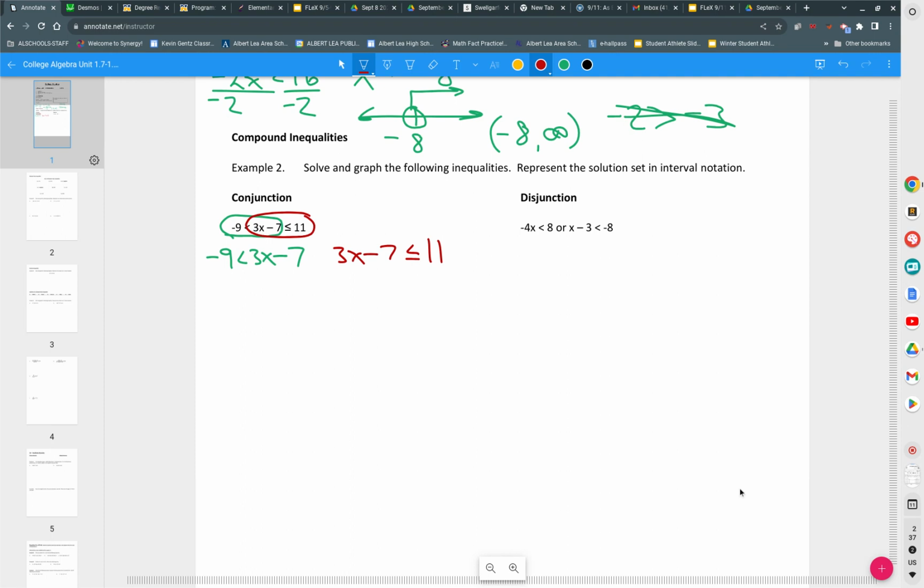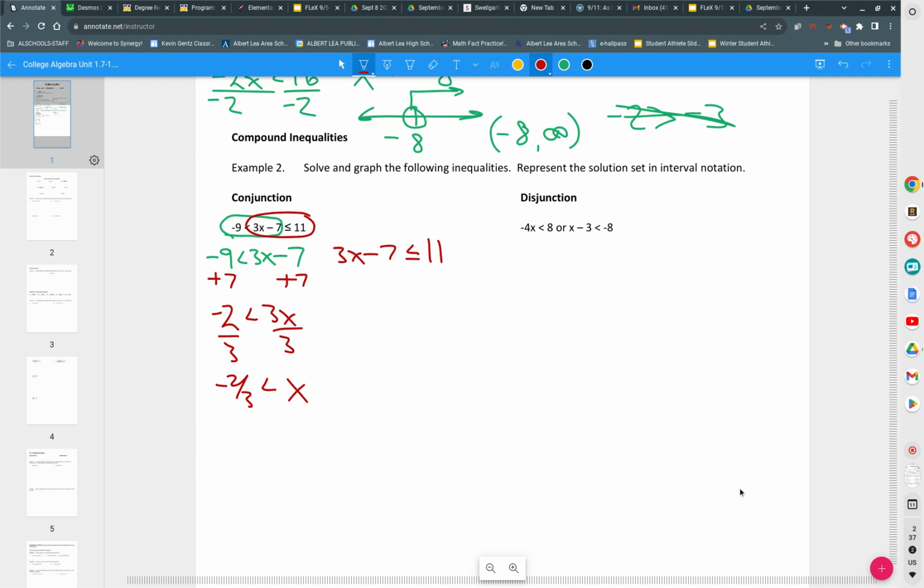Everybody okay with that step? Now we just solve both independently of each other. I add the 7 to both sides, and I get -2 is less than 3x. I divide by 3. I get -2/3 is less than x.